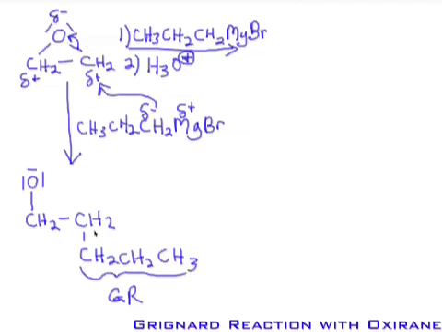You see the 2 carbons from the Oxirane. And so effectively we're adding 2 carbons to the Grignard, and the O- is ready to be protonated when you throw in the H3O+. So effectively, you've made a primary alcohol where you've added 2 carbons to the Grignard reagent.